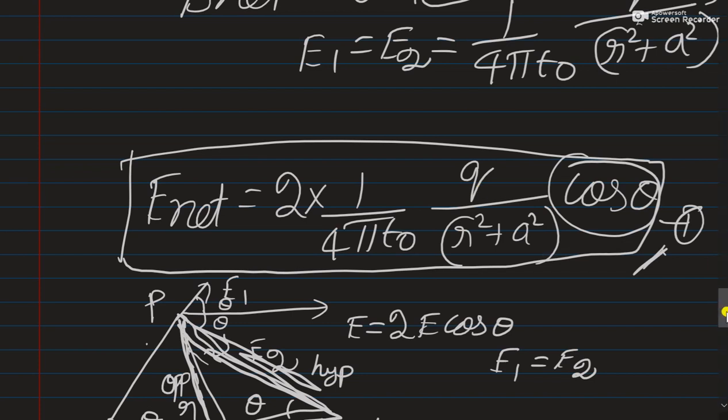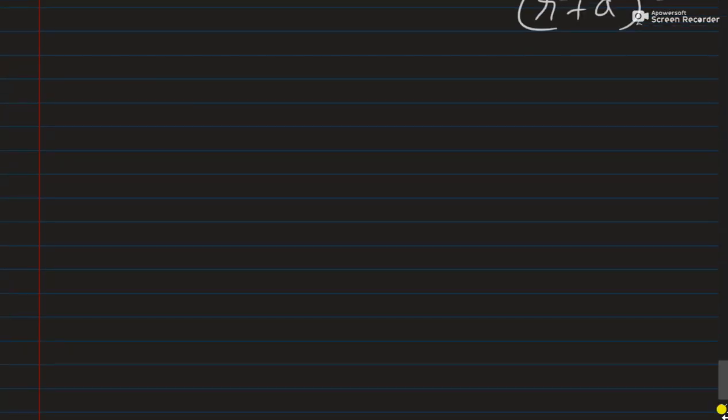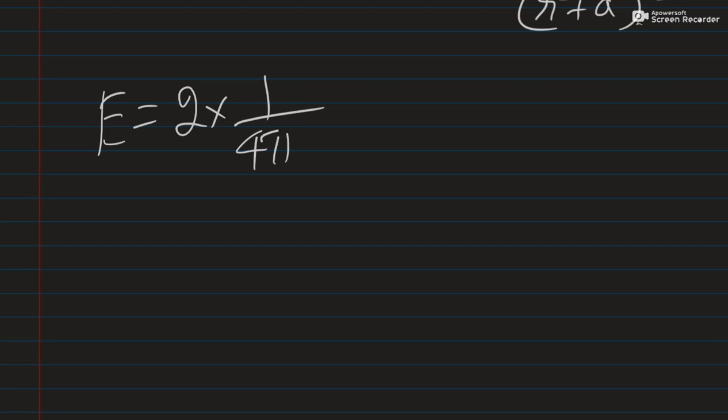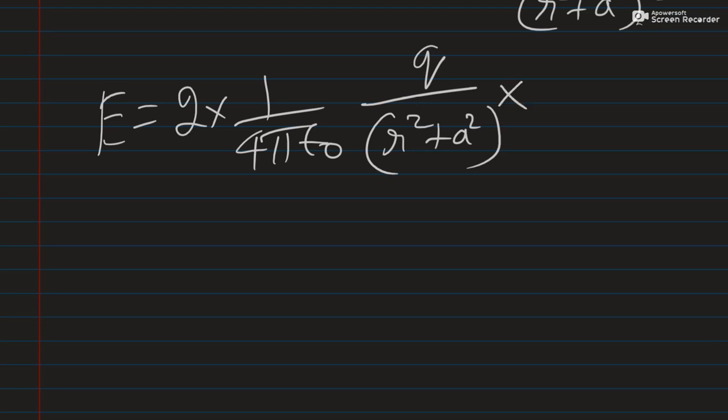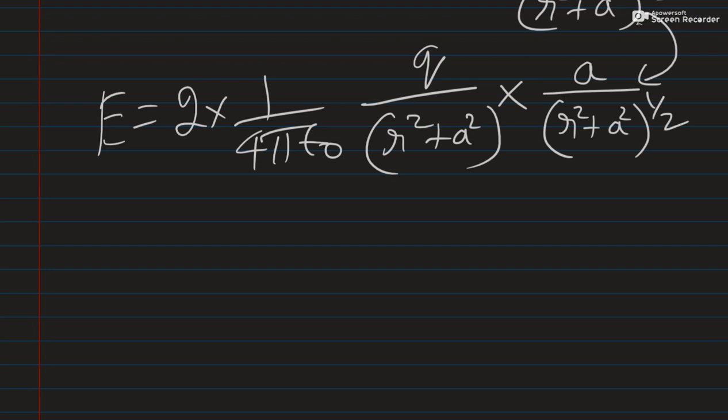So the net electric field is equal to 2 times E cos theta, 2 times 1 divided by 4 pi epsilon naught Q divided by R square plus A square into cos theta. Cos theta I got as A divided by R square plus A square to the power 1 by 2. Instead of writing root, you can write 1 by 2.